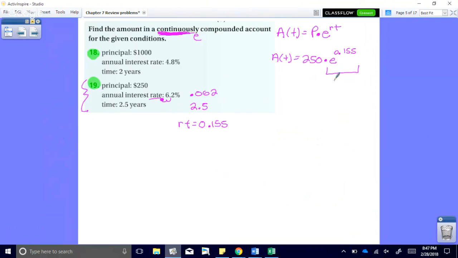So just like the last one, I first want to do the exponents. So I'm going to take E to the 0.155, and you get like a 1.167 number. I want you to hold it in your calculator. Okay, you're then going to take that number and multiply it by 250.